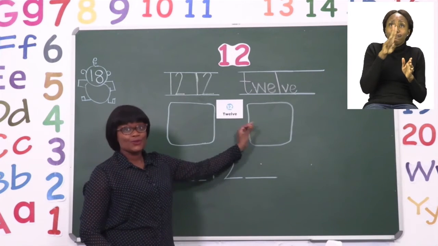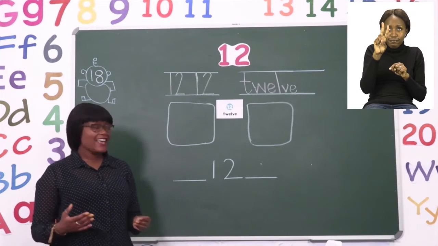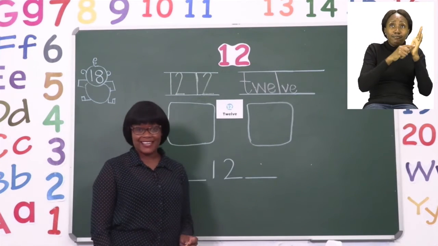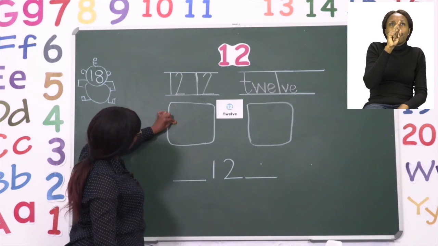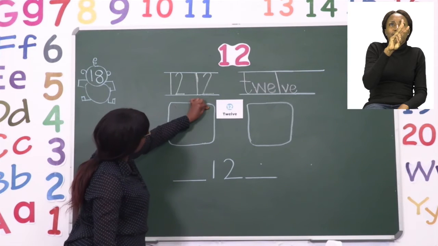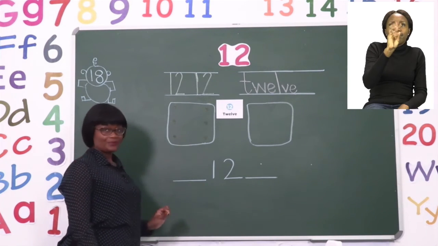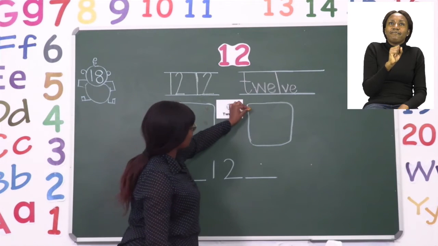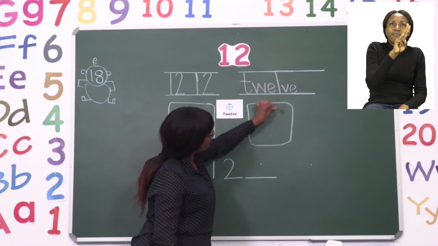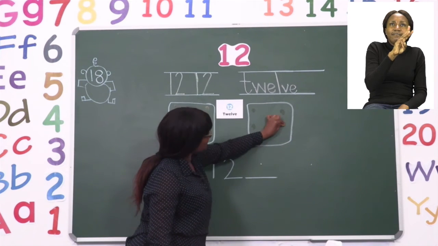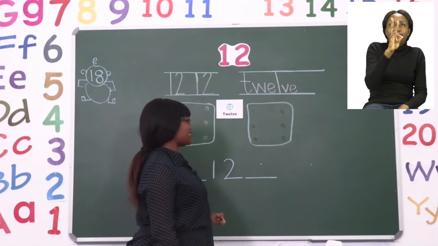Now we have 2 dice here. The first one I want you to put 6, and the next one I also want you to put 6. So let's go. 1, 2, 3, 4, 5, 6. Very good. Now we're putting 6 in the next one. 1, 2, 3, 4, 5, and 6.